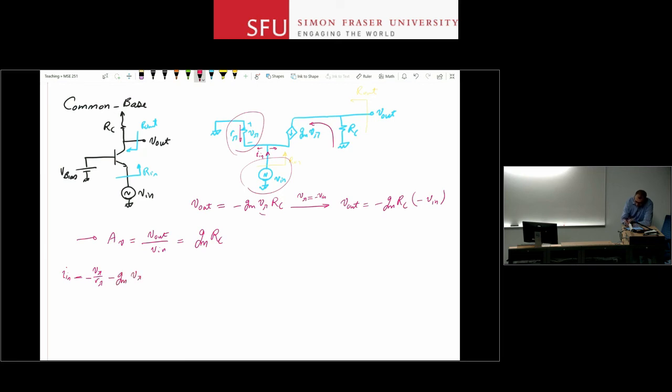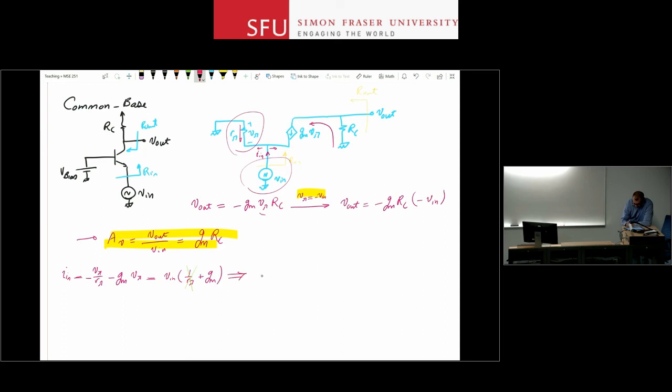And a second ago, I noticed that V_pi and V_in in this circuit are essentially the negative of each other. So I can show that this is V_in times 1 over r_pi plus gm. And going from the discussions in the recent past, I know 1 over r_pi is almost negligible compared to gm in most situations.